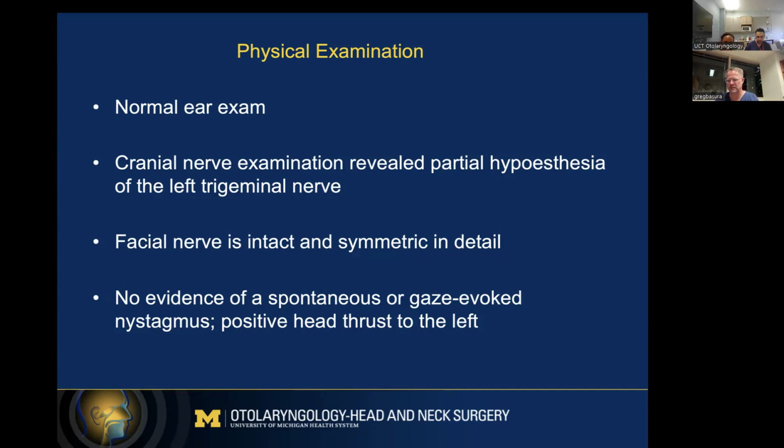Or would you expect a positive head thrust? Because when you do the head thrust, the patient will be able to maintain the gaze. They do not get the corrective saccade. So the vestibulo-ocular reflex is usually intact during that particular test.